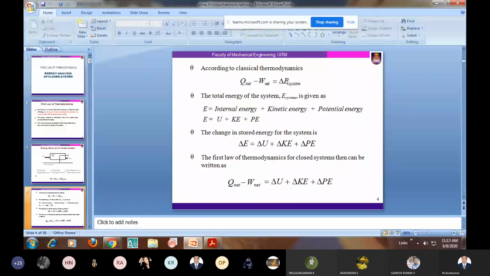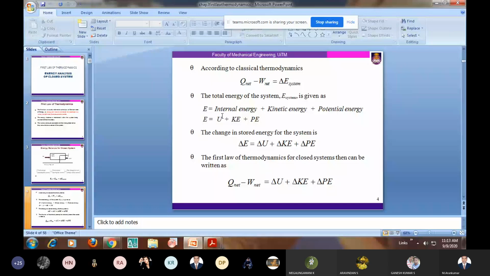We can use this for energy also, where E is equal to internal energy, U is equal to internal energy. So we can replace the energy E of the system with delta U. Then this E will be the sum of internal energy plus kinetic energy plus potential energy of the system.